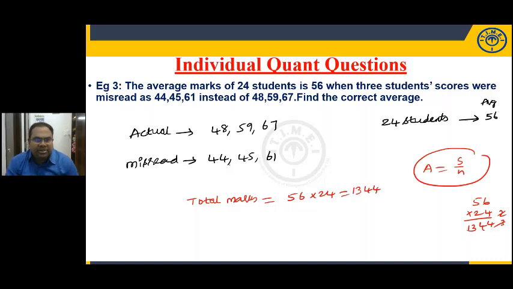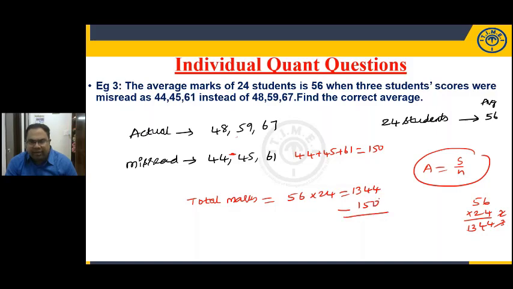From this, I have misread these numbers as wrong numbers. Actually, I have to take these. So subtract the sum of the wrong ones. What is the sum of this? 44 plus 45 plus 61, that is 150, you have to remove.